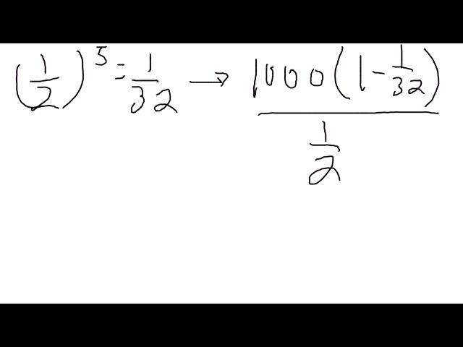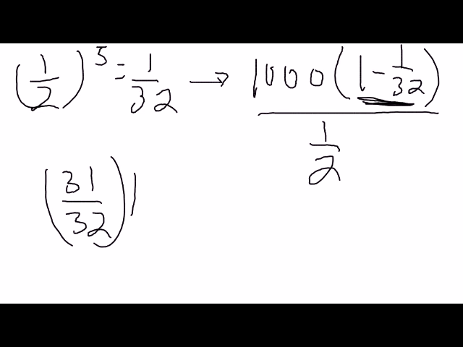So 1 minus 1/32 is going to be 31/32. So 31/32 times 1,000, and then times 2, essentially, because we're dividing by a half, so we just multiply by 2. Or you can think of it as a reciprocal, 2 over 1.